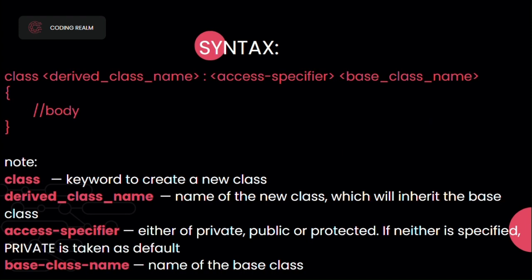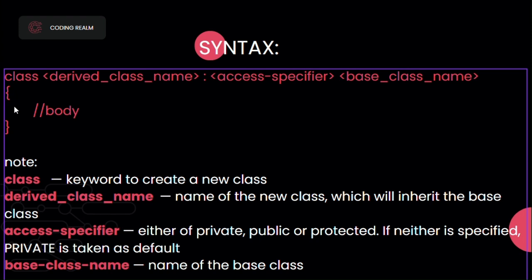Now let's see the syntax of inheritance. First, we have the class keyword, the derived class name, the access specifier and the base class name, and the body under the braces. The class is the keyword to create a new class, for example class car.